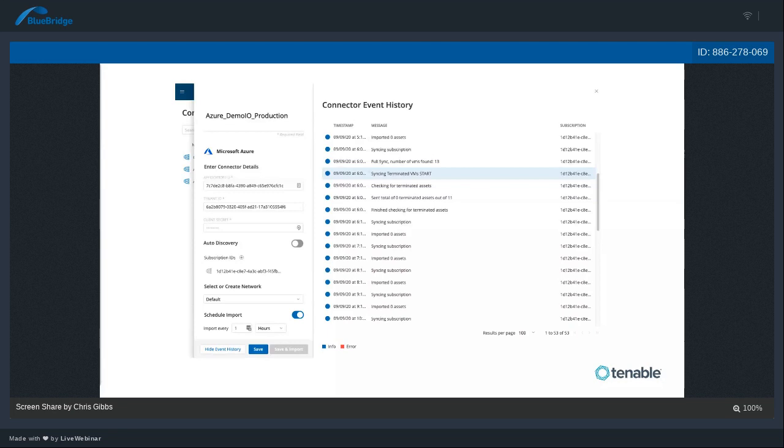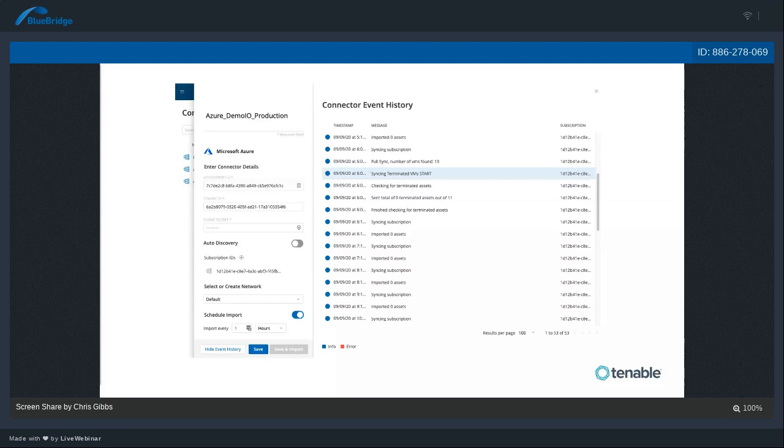Now we have connectors into AWS, Azure, and Google Cloud that allow you to synchronize with the back end, if you like, of those platforms to import the assets. So you start up a new server, for example.